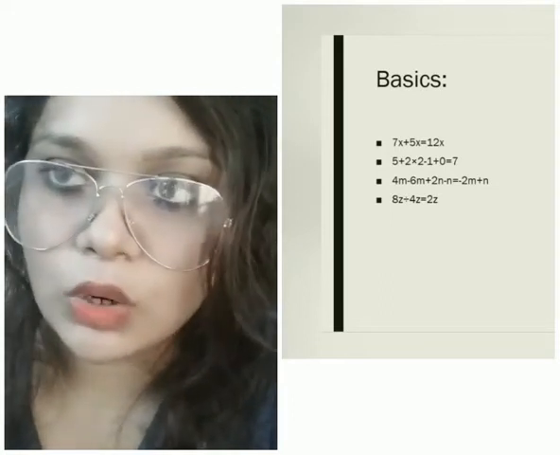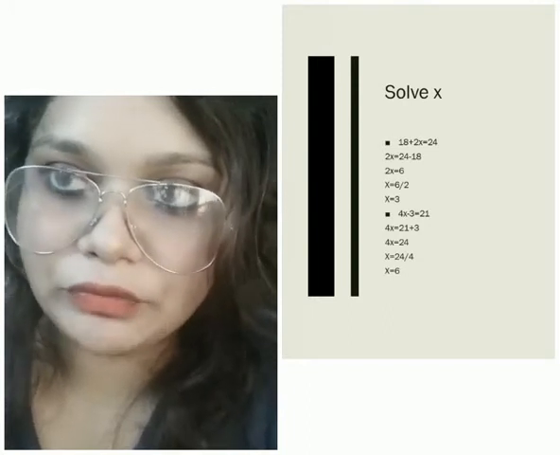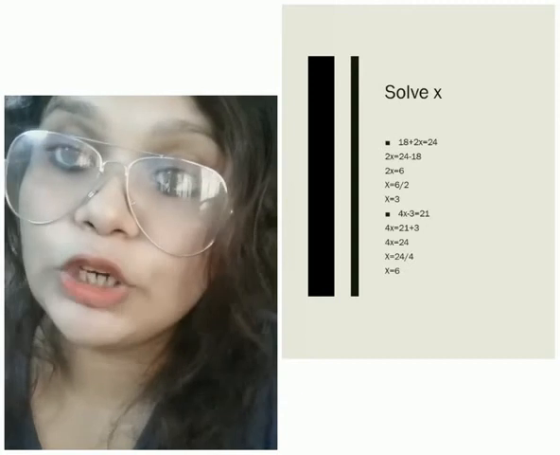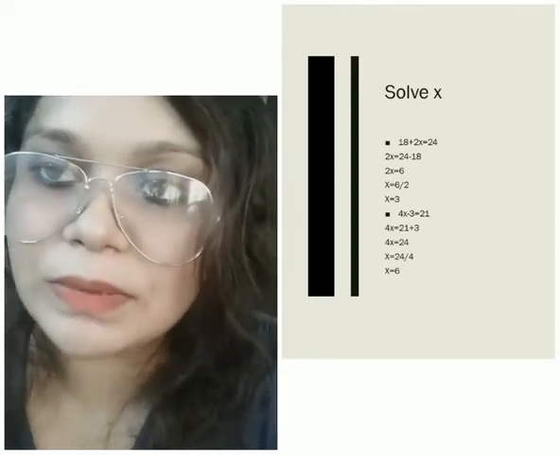We will multiply 2 inside the bracket first. So 2 into x is 2x plus 2 into 2 is 4. So the equation will be 2x + 4.